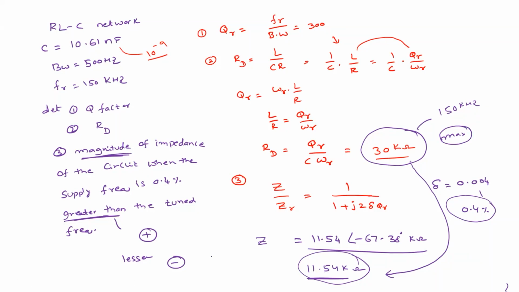So some problems may ask how much percentage of that impedance is reduced. It's 30 minus 11.54 divided by 30. So this is the percentage of reduction in the impedance corresponding to 0.4 percent frequency change. Understood?